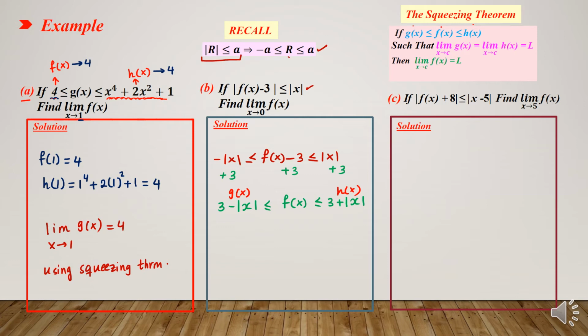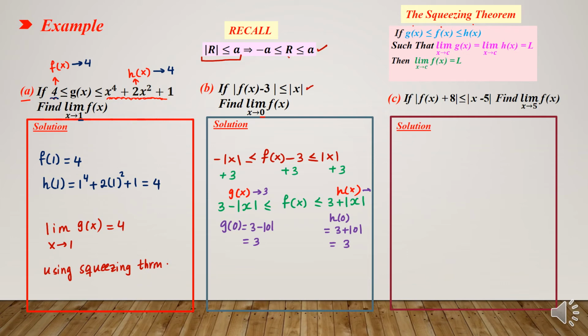And since you have to find the limit when x goes to 0, you have to replace x by 0 in the two functions g and h. So g of 0 equals 3 minus absolute value of 0, and this equals 3, which means g of x goes to 3 as x goes to 0. Replace 0 in the function h, so h of 0 equals 3 plus absolute value of 0, and this will give us 3.